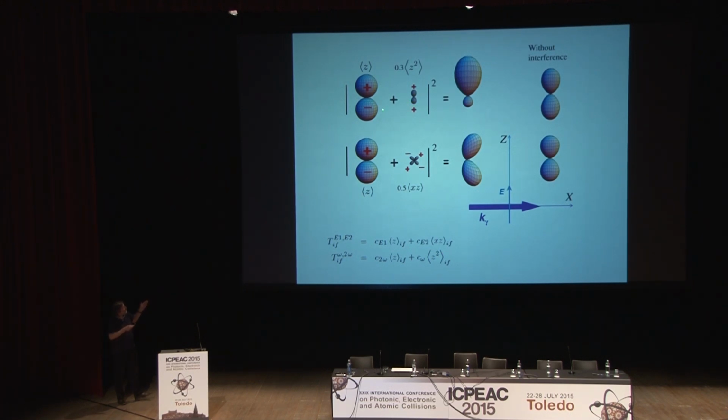If these two interfere, plus to the left, minus to the right, then it gives us this left-right asymmetry, which was also discussed yesterday in one of the talks. If we change the sign here, then this asymmetry also changes sign. So when we change the phase between these two harmonics, this asymmetry is controlled. That is what is called coherent control.